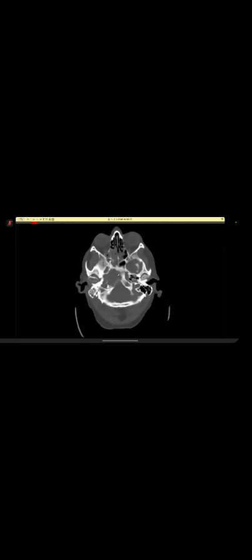A chordoma will be more midline. This is slightly more off. You can see a bit of calcification. If I change the window for you, you will see a bit of calcification in the lesion. So that is what happens in a chondrosarcoma. Slightly off midline, and you call it.